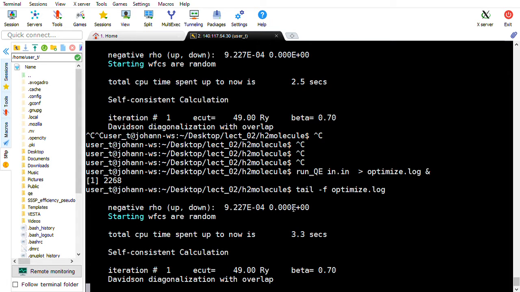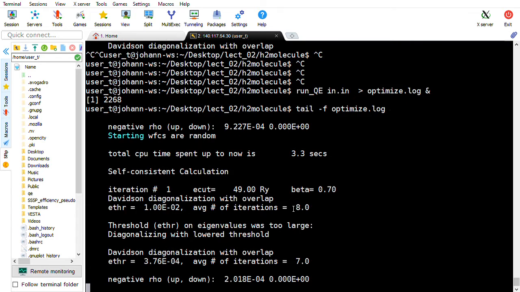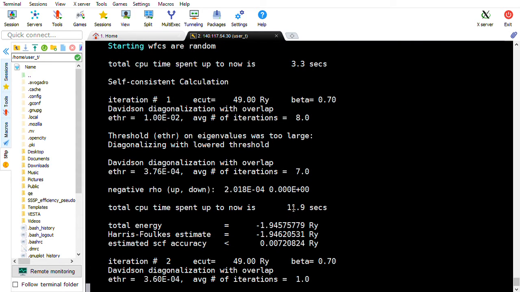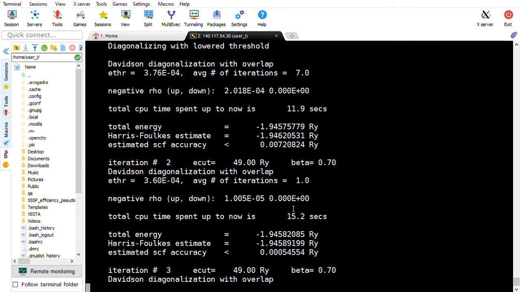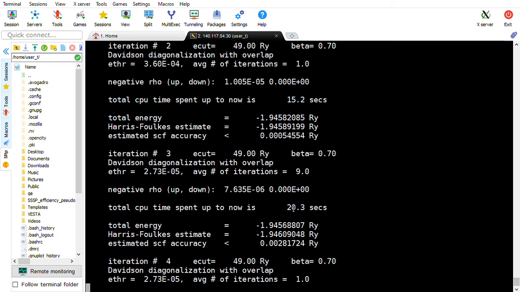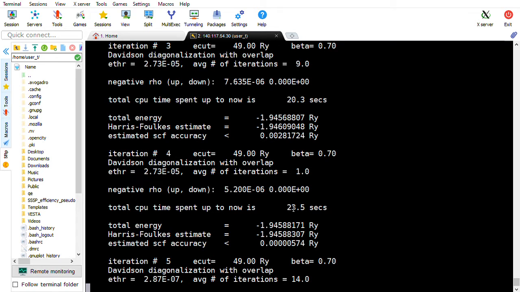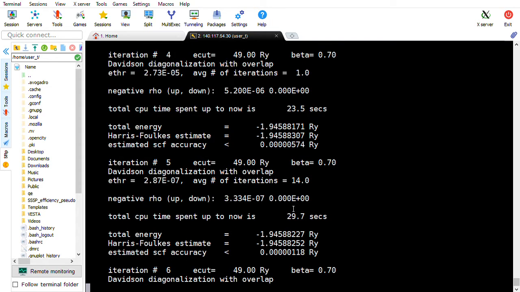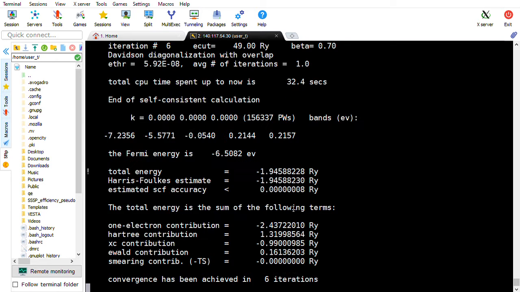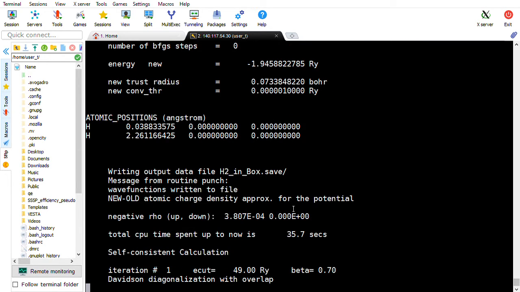And what you will see is it starts with the SCF cycle, first iteration, now the second iteration, until the difference between consecutively computed total energies reaches the convergence threshold of 1 times 10 to the power of minus 6 Rydberg. So then it tells you somewhere convergence is reached.